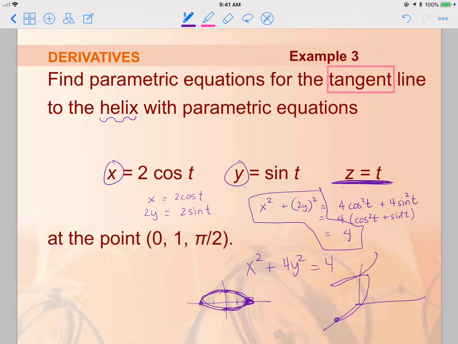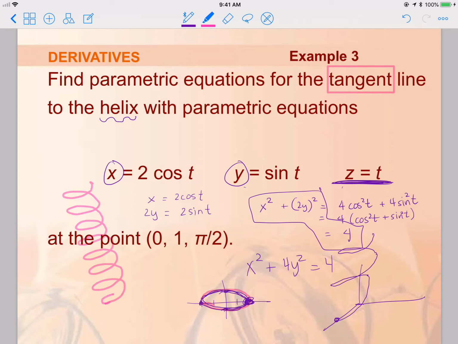Do you see how my drawing skills are kind of pathetic here? But do you get what's happening: as you're going around the curve to make the ellipse, your height is increasing. Does that make sense? Yeah, that's better. That's good.